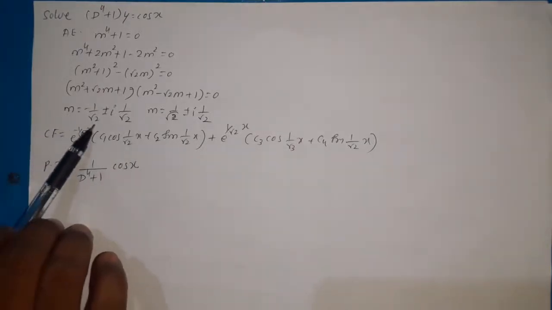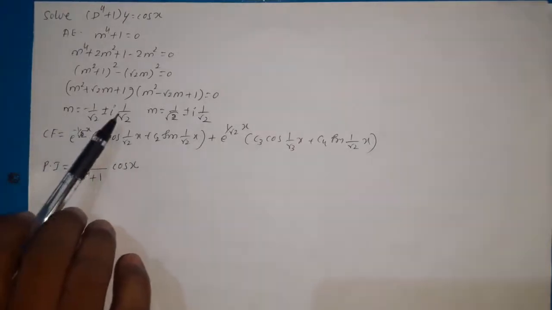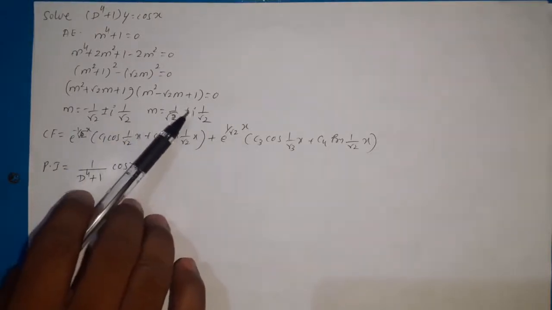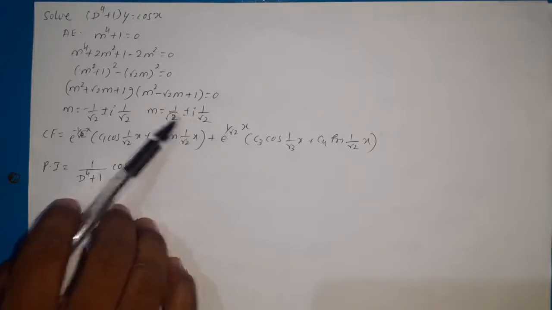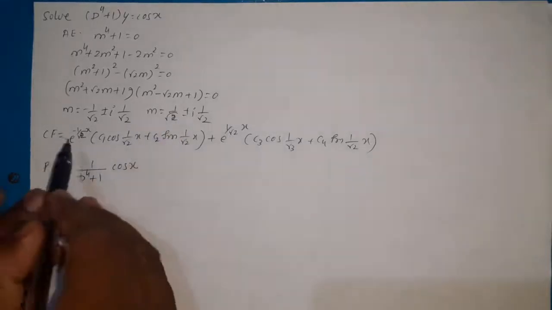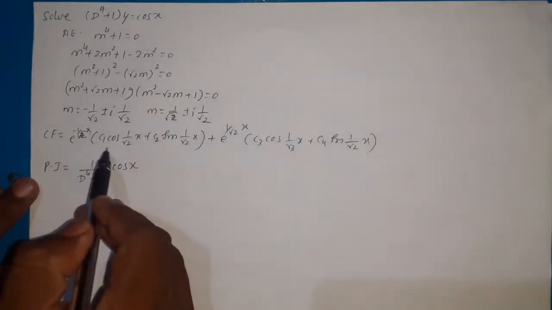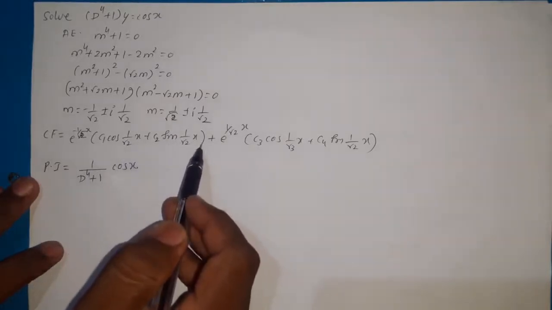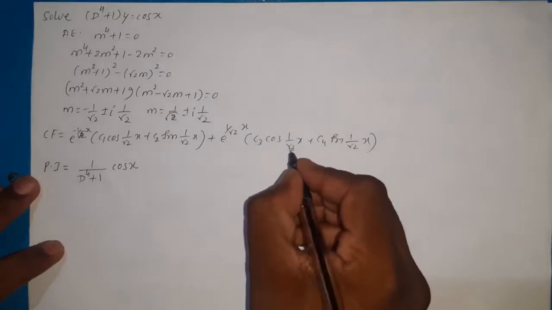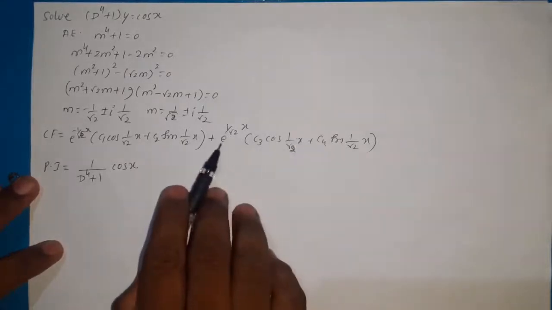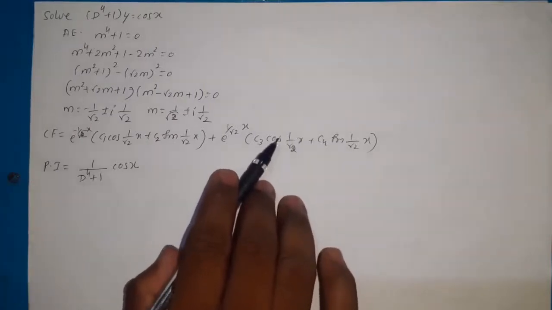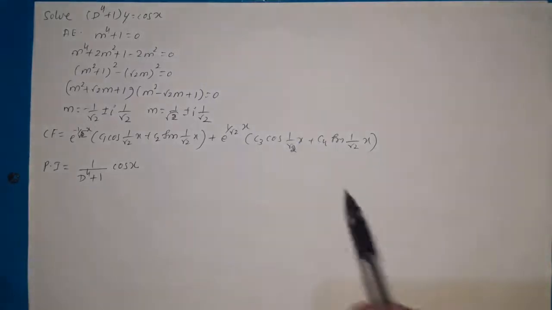In the first one, alpha equals minus 1 by root 2, beta equals 1 by root 2, and in the second alpha equals plus 1 by root 2, beta equals 1 by root 2. Therefore the complementary function is e power minus 1 by root 2 x (c1 cos 1 by root 2 x plus c2 sin 1 by root 2 x), and for the second pair of complex roots it is e power 1 by root 2 x (c3 cos 1 by root 2 x plus c4 sin 1 by root 2 x).